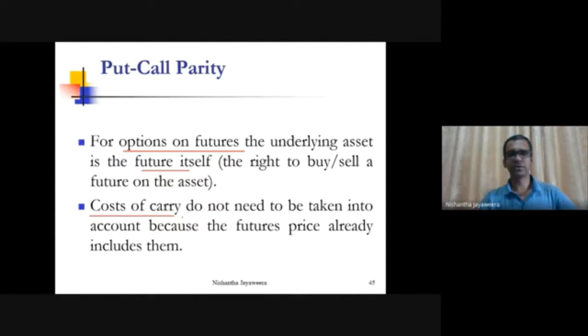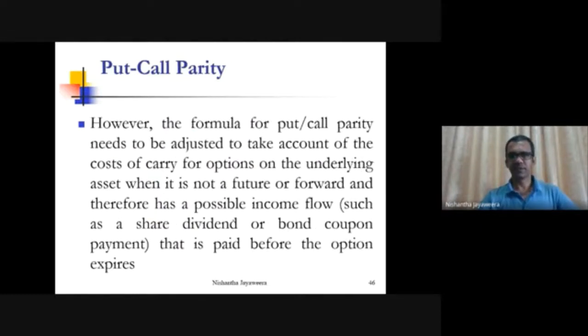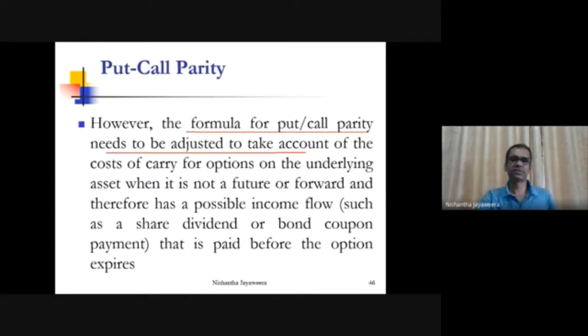So therefore, to consider that in the put call parity, we have to discount the strike price using the interest rate. We have to make an adjustment to the formula to reflect the time value of the strike price, because that is a future value.